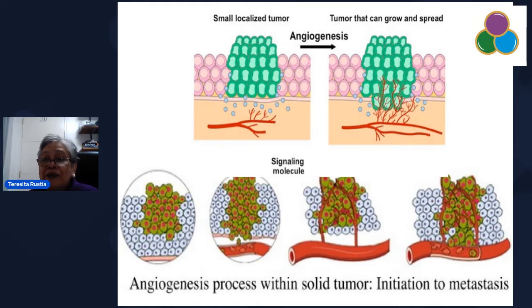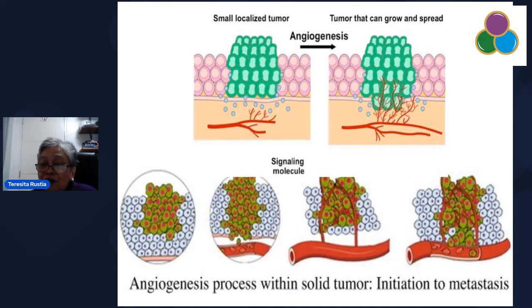So what will happen? The cancer cells, through the process of angiogenesis, will develop blood vessels. Angio means blood vessels, vascular blood vessels, and genesis means the beginning of. So blood vessels will develop to supply the cancer cells with the necessary nourishment they require.